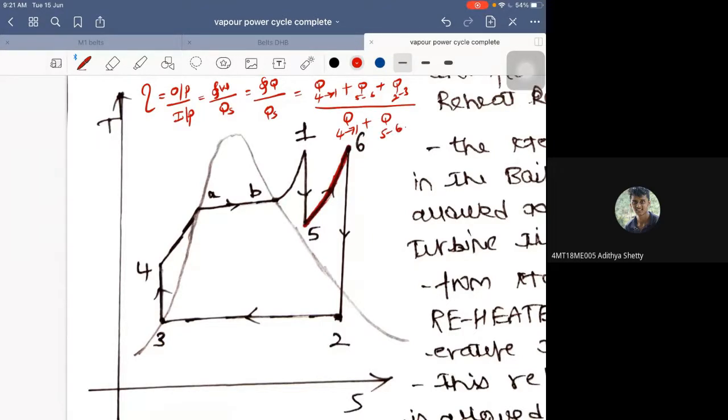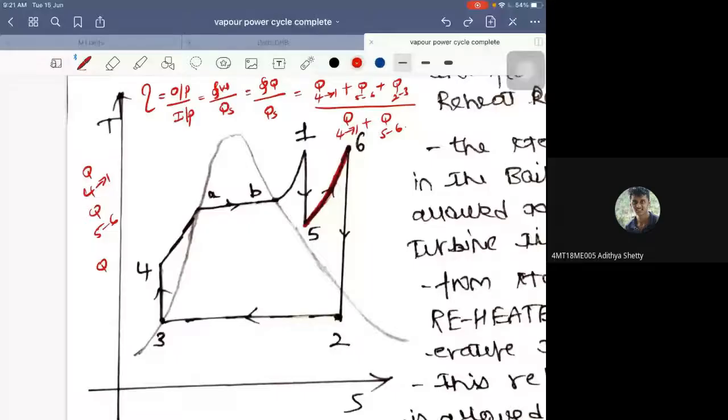So this forms the complete expression for the heat engine. Now I have to define what is Q4 to 1, what is Q5 to 6, and what is Q2 to 3.